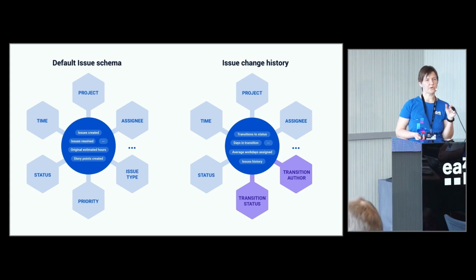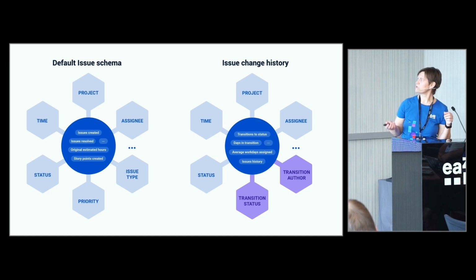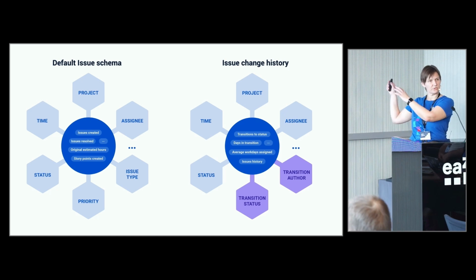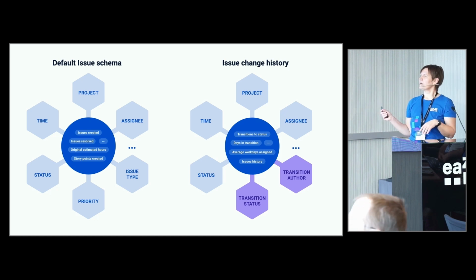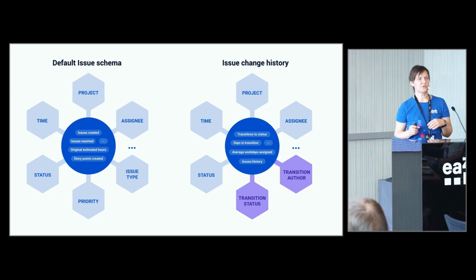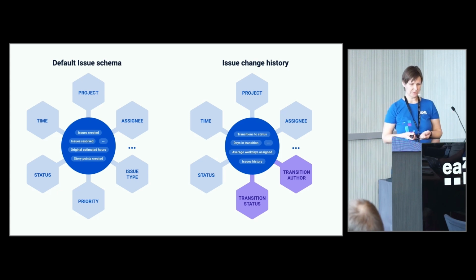The important thing is that if you create a report and you use core dimensions such as time, project, you can use any measure from any of the schemas. You can use core measures, you can use historical measures. However, if you have a report and you choose some dimension that's specific to one schema, the measures from the different table will not show data just because there is no link between them.